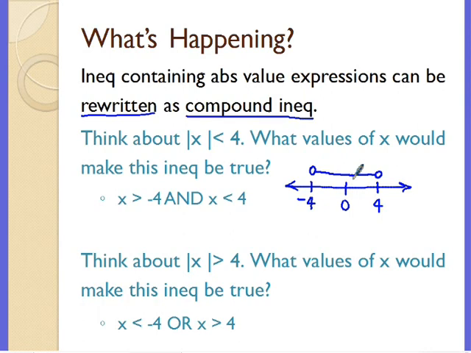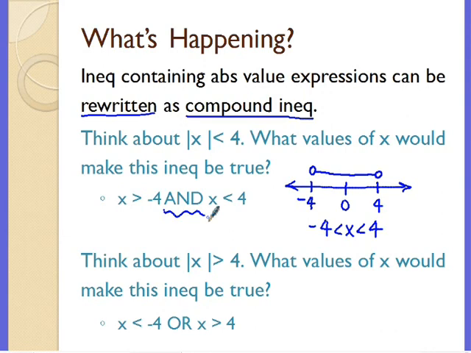That should look really familiar. That's an and graph of -4 is less than x, which is less than 4, or written out with the word and in between, x is greater than -4 and x is less than 4. So it's turning from an absolute value inequality into a compound inequality.